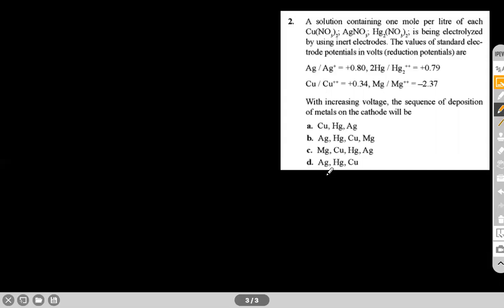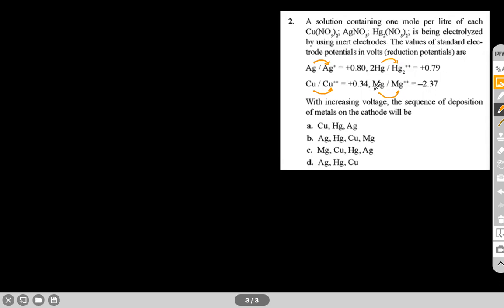Okay, so we know at cathode reduction takes place, right? And all these ions you see, they have given the oxidation potential because it is getting oxidized, right? This one is also oxidation and this one is also oxidation, right?